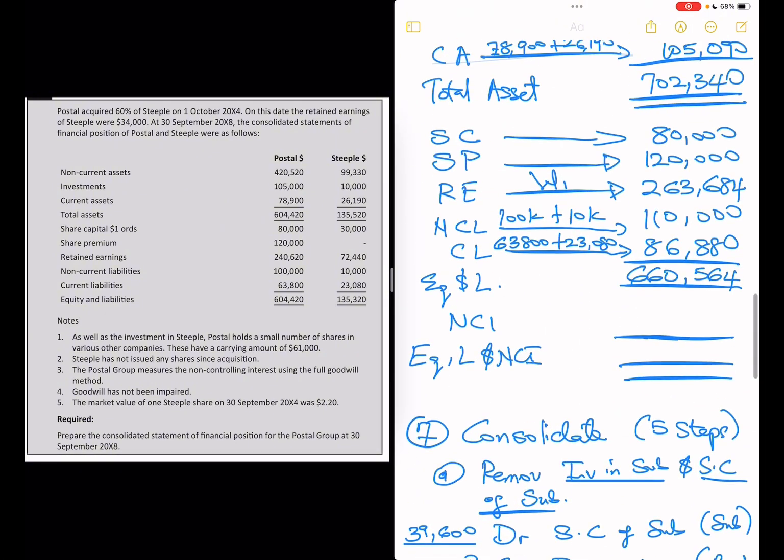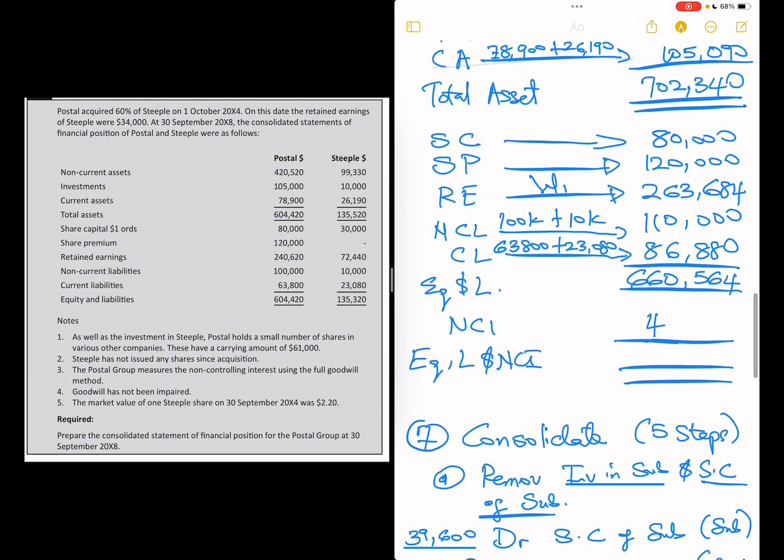So we'll plug that in here, 41,776. By the time we add this to this, that will give us this line. And that becomes 702,340. So it's as simple as that.